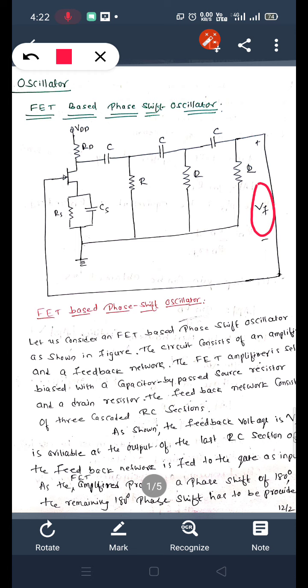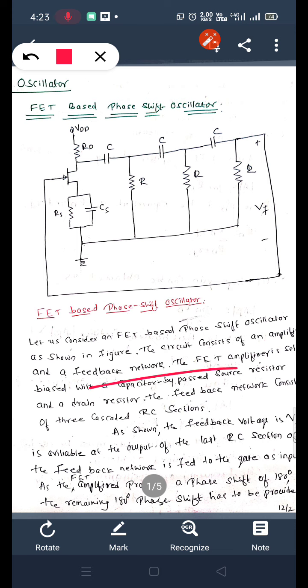Thus each RC section is designed to produce a phase shift of 60 degrees at the desired frequency of oscillation. This is how we study the FET based phase shift oscillator.